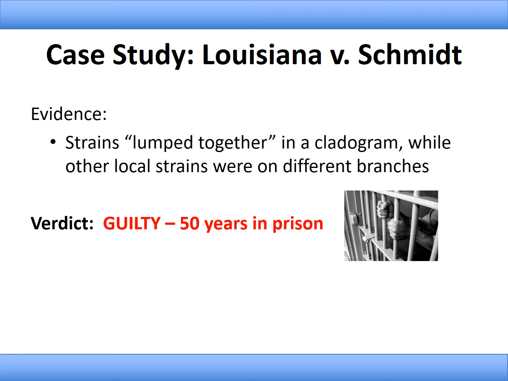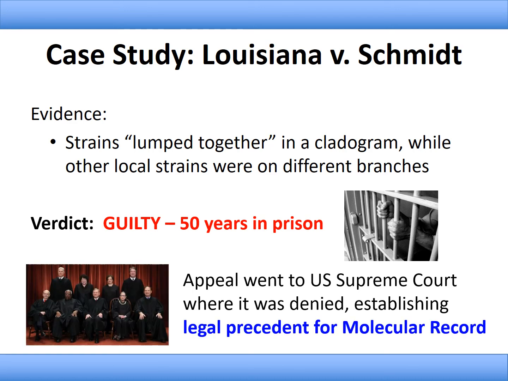However, when he appealed all the way up to the U.S. Supreme Court, his appeal was denied, and that established the molecular record as legal precedent for criminal cases here in the US. So that's a score for the biology nerds, and for the logic of cladograms and genetic sequencing.